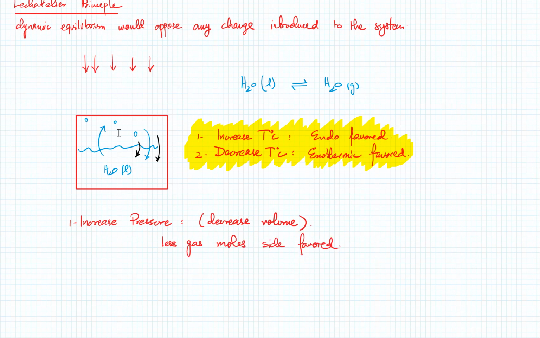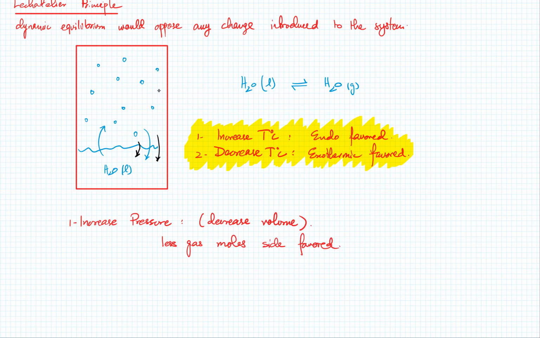Vice versa, decreasing pressure means I'm increasing the volume. So if I increase the volume, now all of a sudden you have a lot more volume, a lot more evaporation would happen, and a lot more water vapors are going to be formed.